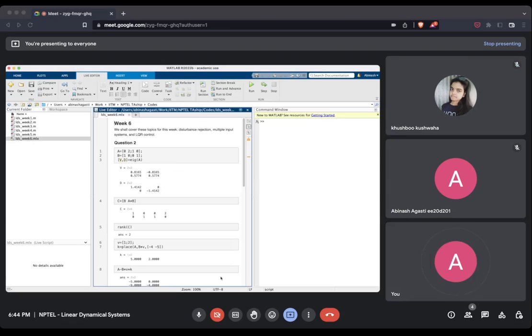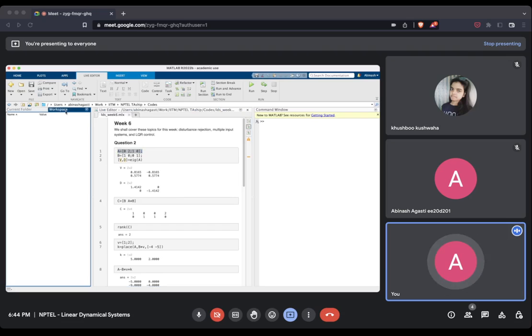So we'll do it. We had this A matrix, 0 2, 1 0, and B matrix as identity.